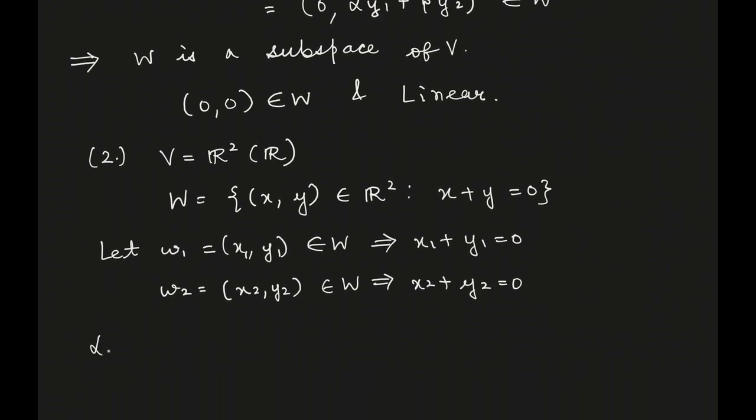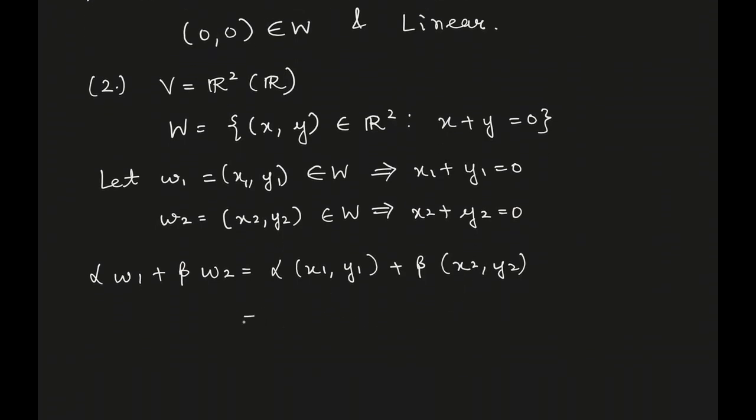Now alpha w1 plus beta w2 is alpha (x1, y1) plus beta (x2, y2). So this is (alpha x1 plus beta x2, alpha y1 plus beta y2).